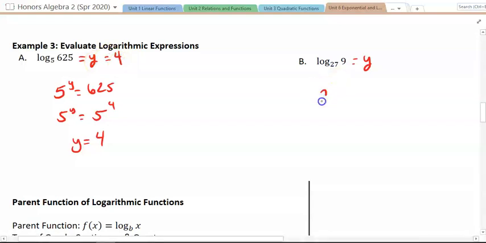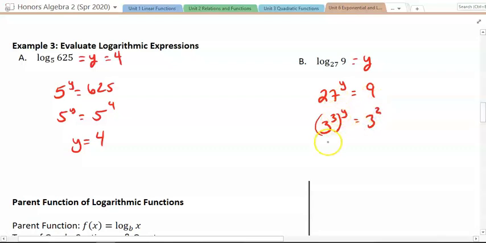Okay? When we look at the other one, we'll do the same thing. So I'm going to have 27 to the y is equal to 9. Now, when we did this a couple sections ago, dealing with these powers, we only had to convert one. But in this case, we got to convert both. Both 27 and 9 can go to what base? 3. So 3 to the third is 27, right? And we still have our y out back. And 9 is 3 squared.